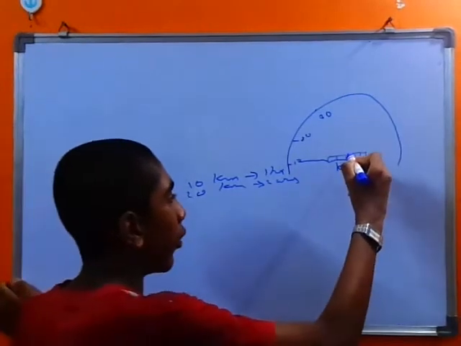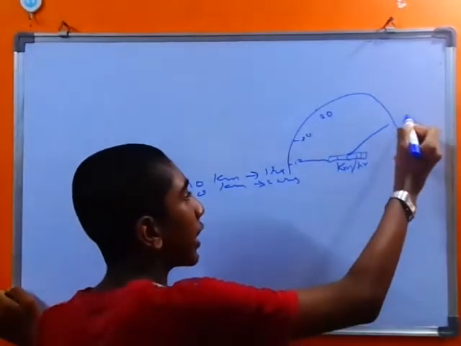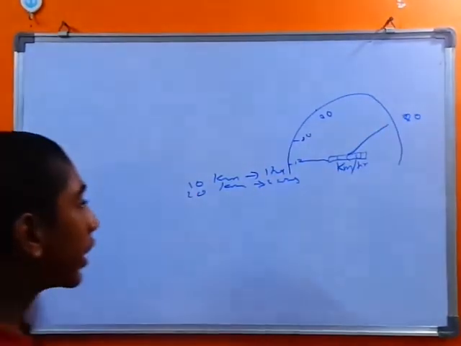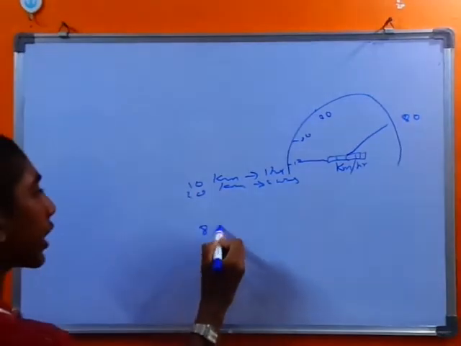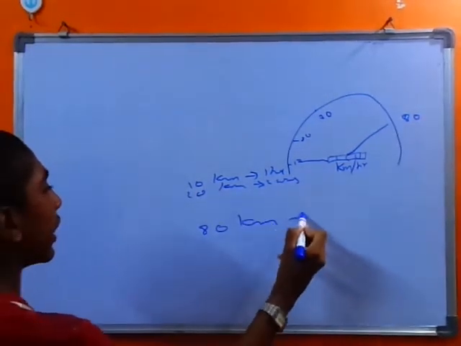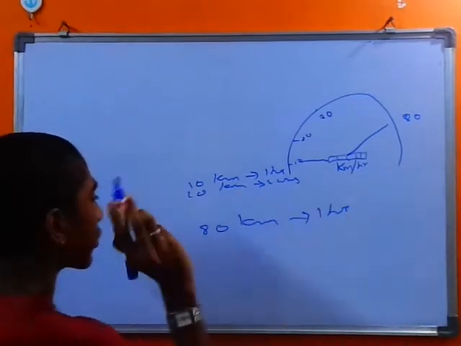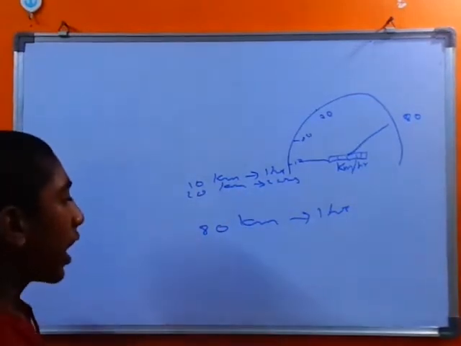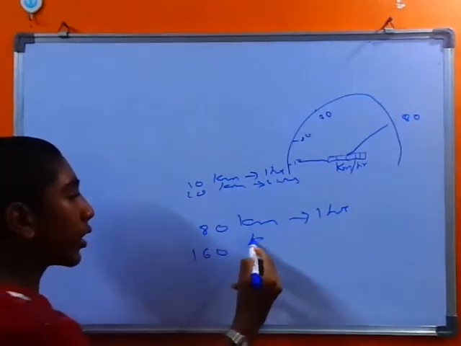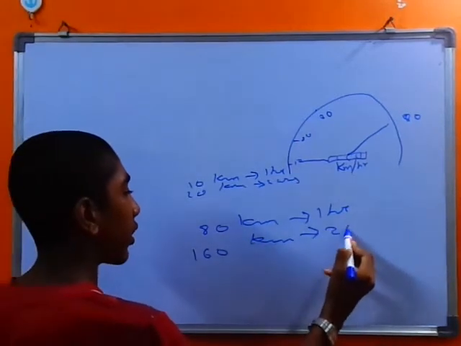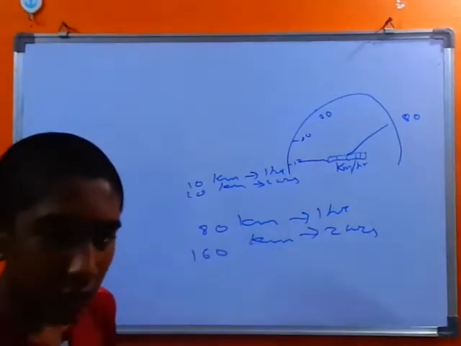What does it mean when you are traveling at 80 kilometers per hour? It means you are traveling 80 kilometers in 1 hour, and 160 kilometers in 2 hours, and so on.